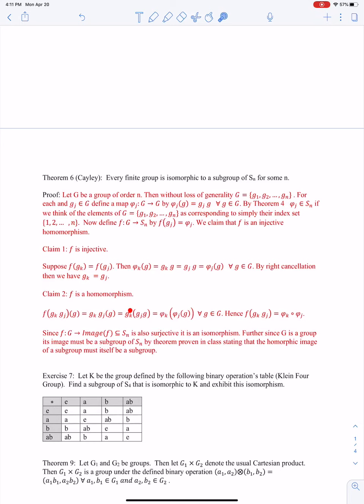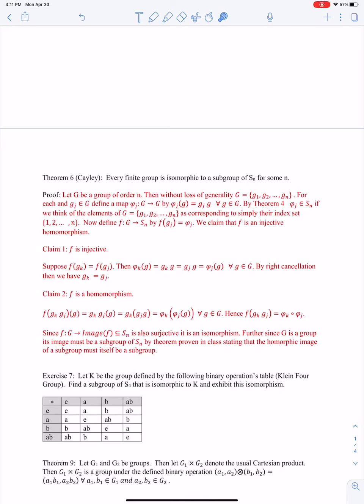And what is g_j times g? Well, that's phi_j of g. So this is phi_k composed with phi_j, because that's what function composition does.